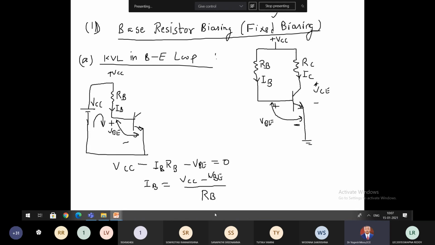So IB is fixed. Now since IB is constant, therefore rate of change in IB with respect to change in IC will be zero, right?